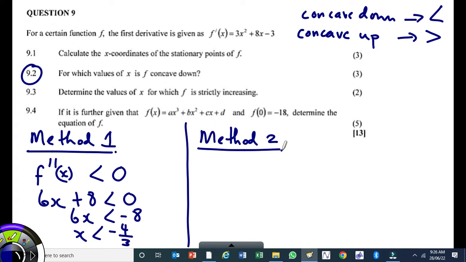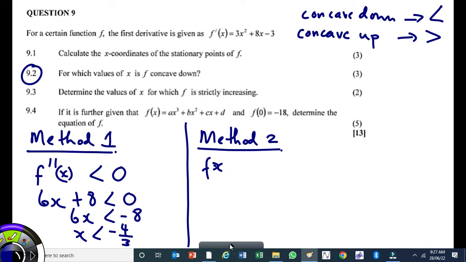The good thing about method 1 is that it works for any question on concavity. If it's concave up, you replace the inequality sign by a greater than sign. But if I use method 2, I might need to sketch the graph itself, which is more complex.